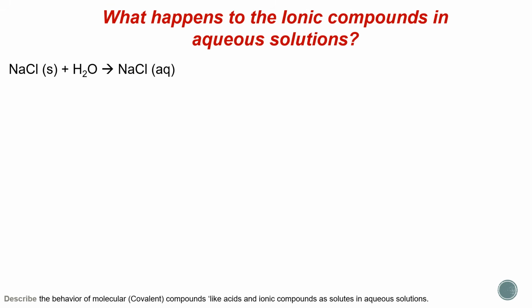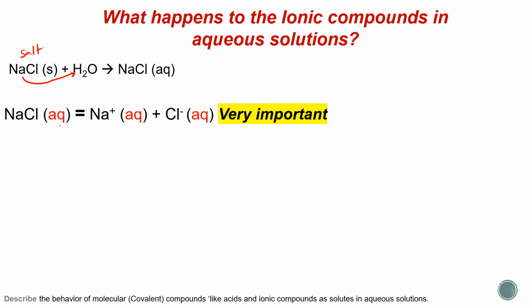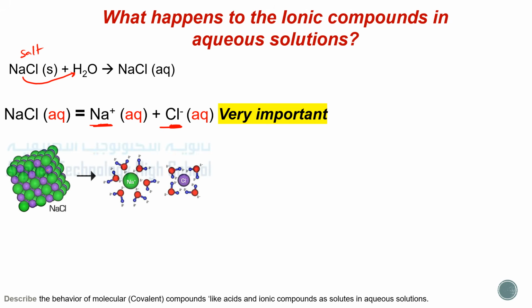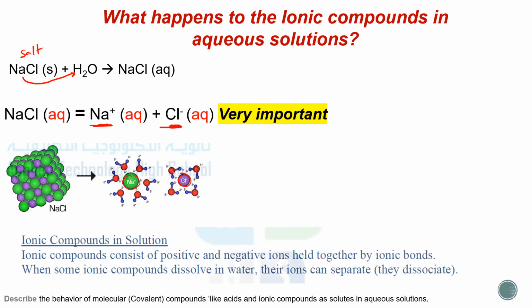So, what happens to the ionic compounds in aqueous solutions? When we put NaCl, salt, in water, what happens to it? It dissociates into the positive ion and the negative ion. Basically, water molecules will break it down into positive ions and negative ions.